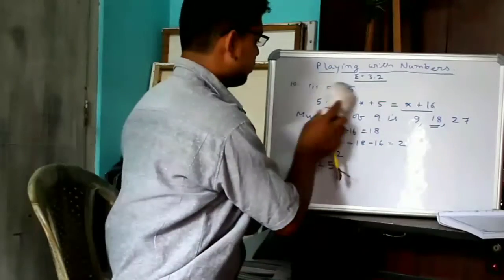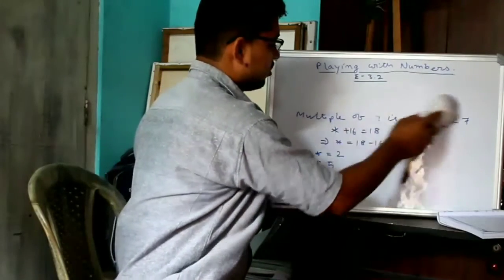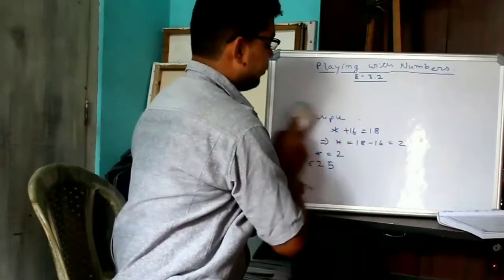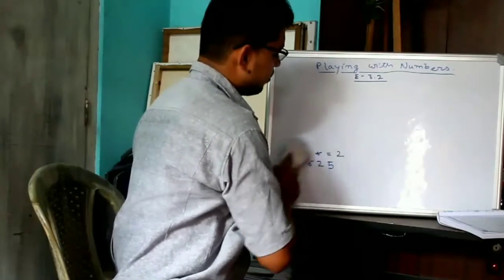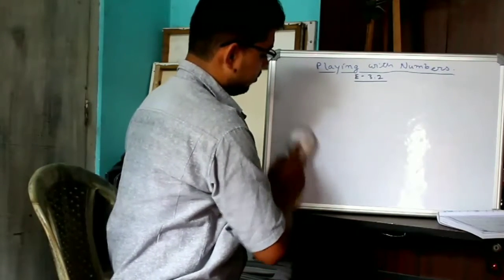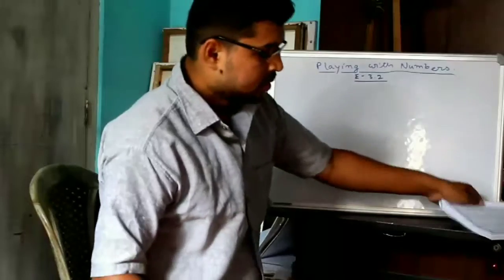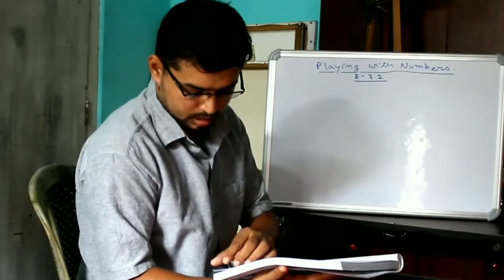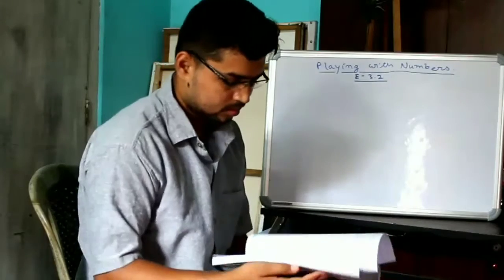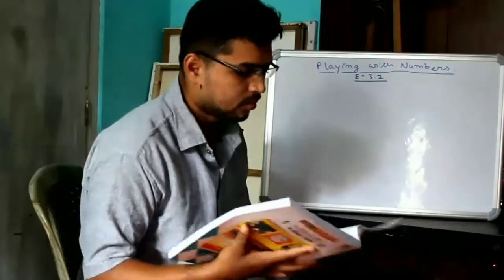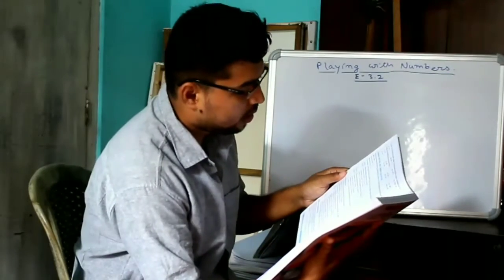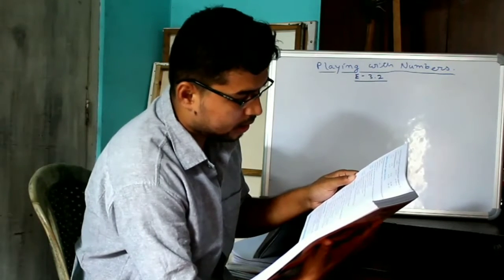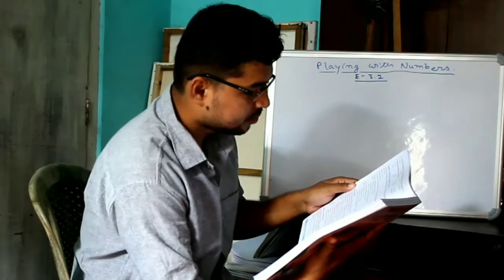Next, number 11. In each of the following numbers, replace the star by the smallest number to make it divisible by 11.